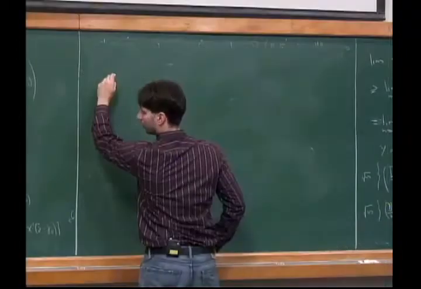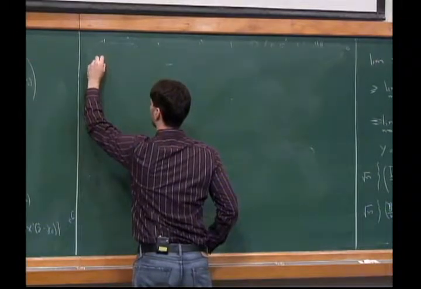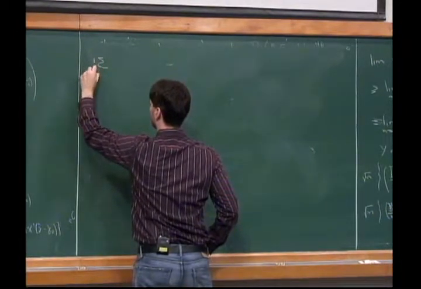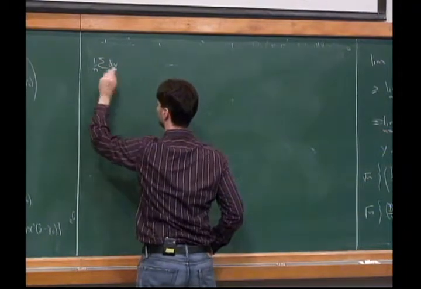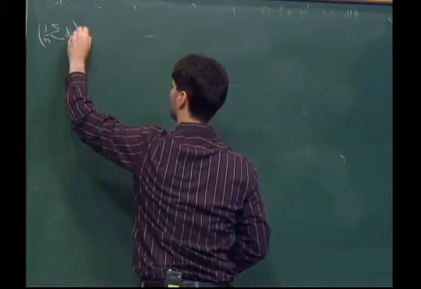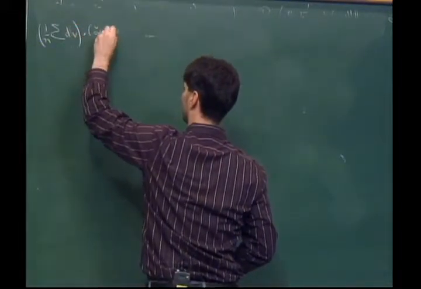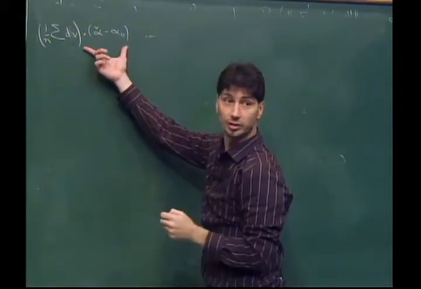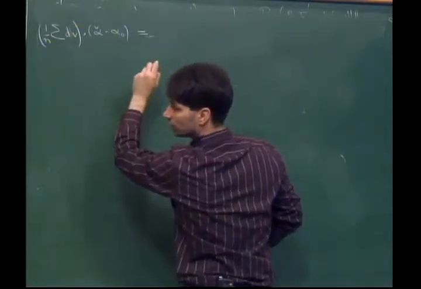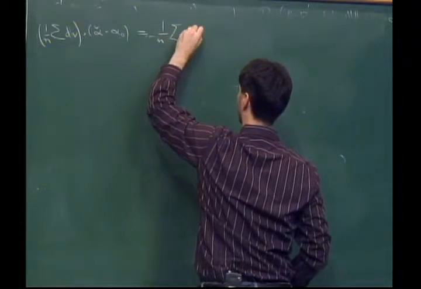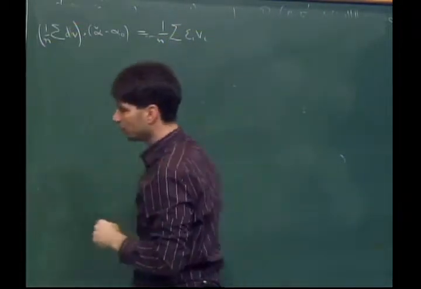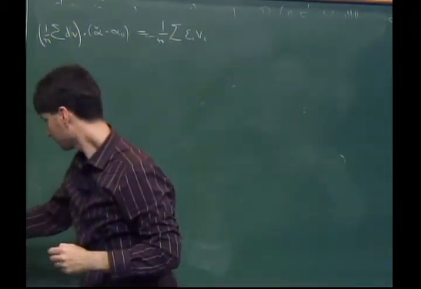These would be 1 over n summation of dv times alpha check minus alpha naught. That's what I'm really interested in, equals 1 over n summation of epsilon i. That's going to be my normality term.